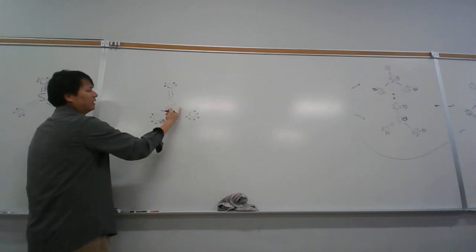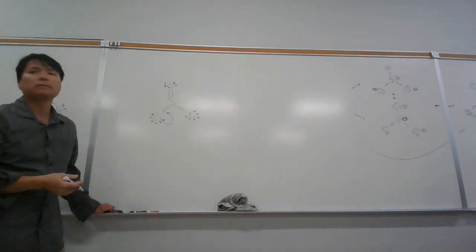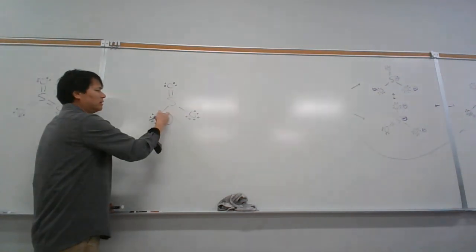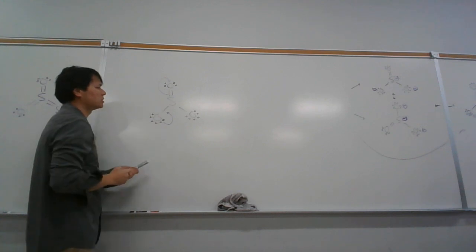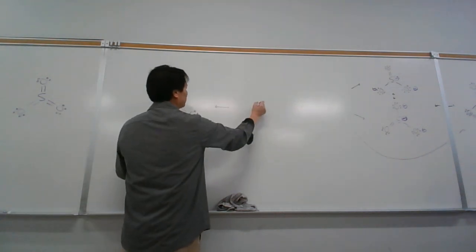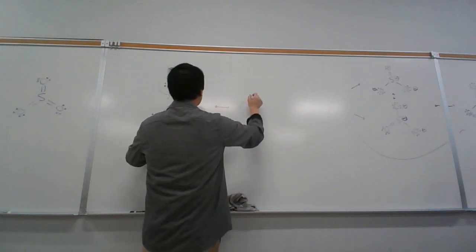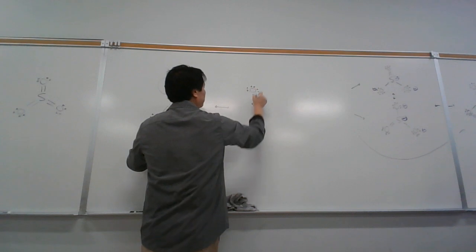If I do that, then there's too many electrons around sulfur. I don't want to exceed an octet. And so if I end up with too many electrons around sulfur, I got to kick some out. And so let's kick some out onto this oxygen here. And this is going to generate our first resonance form here. I mean, this is our first. This will generate our second resonance form here.